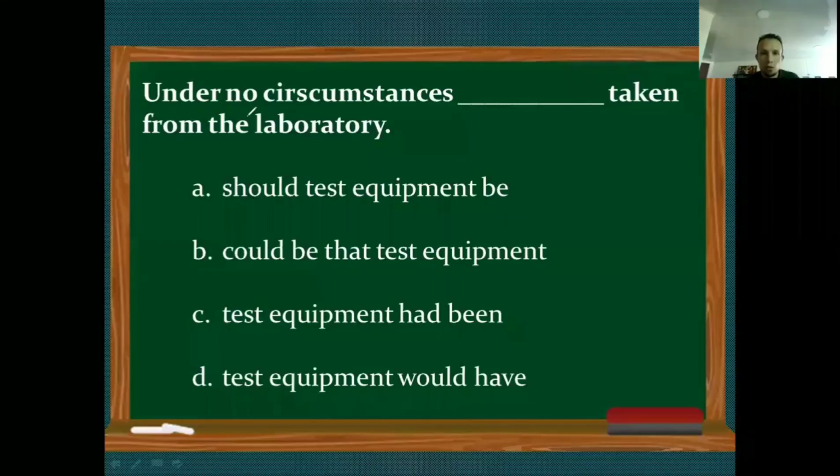So in this case, when we have this expression, under no circumstance is indicating us that it is a negative adverbial sentence. For that reason, the first thing we need to have after this negative adverbial is going to be one auxiliary.